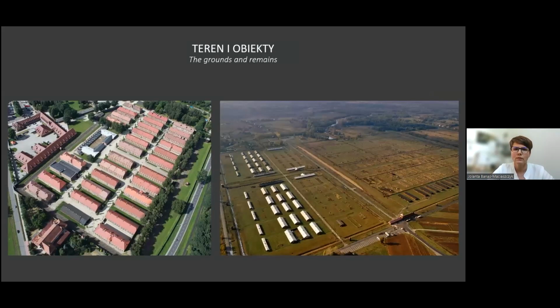The largest conservation challenge is the number and the variety of sites and objects on the premises of the camp. We have 175 historical buildings, more than 300 ruins, including gas chambers and crematoria, nearly 14 kilometers of fencing, roads, ditches, railway ramp, and also historical greenery.